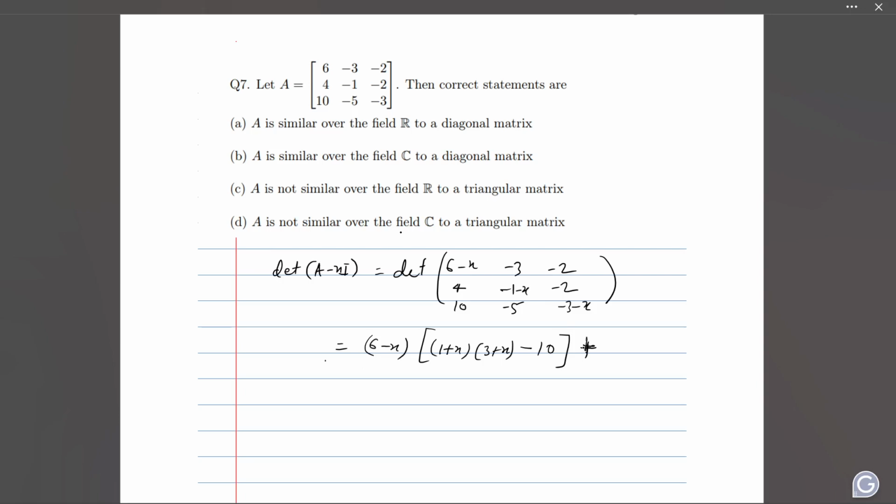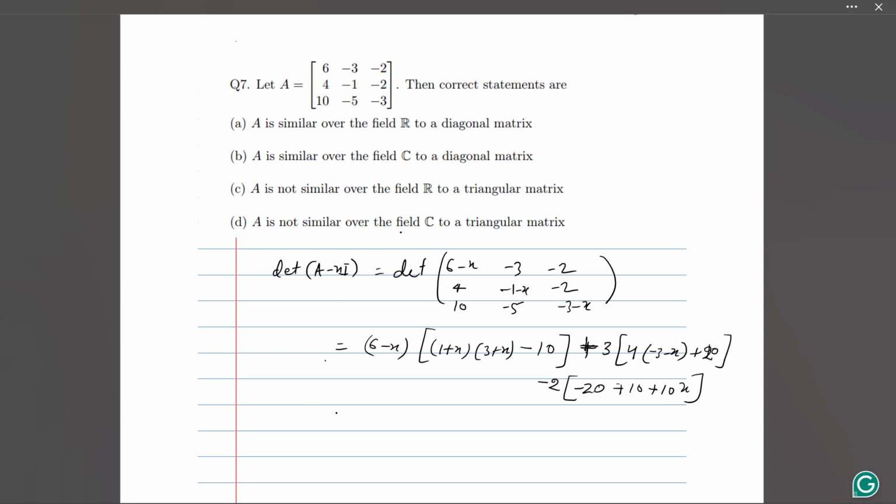So it will become plus 3 into 4 into 3 minus x, 4 into minus 3 minus x. 10 into 2, but this will become plus because of this minus 2. Plus 20. Third minus 2, it will become 4 minus 5, meaning minus 20. And 10, 1 minus x. Minus minus becomes plus, then it will become 10 plus 10x.